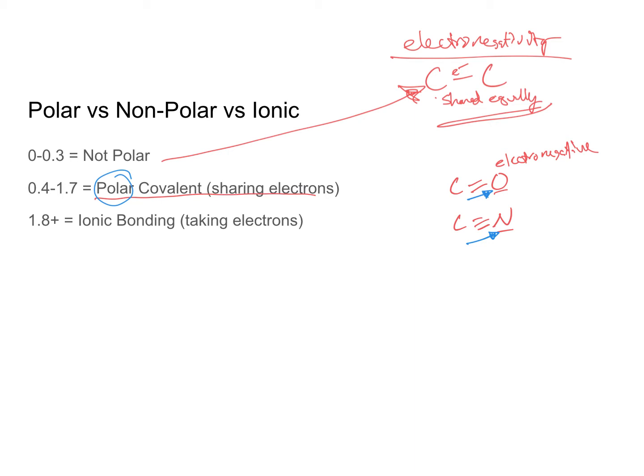When we get to a really extreme case, we get what's called ionic bonding, where they're actually not even sharing electrons anymore, they get fully transferred. If you have sodium chloride, for example, NaCl, sodium has an electron that gets transferred to the chlorine, because chlorine is very electronegative, and sodium is not.